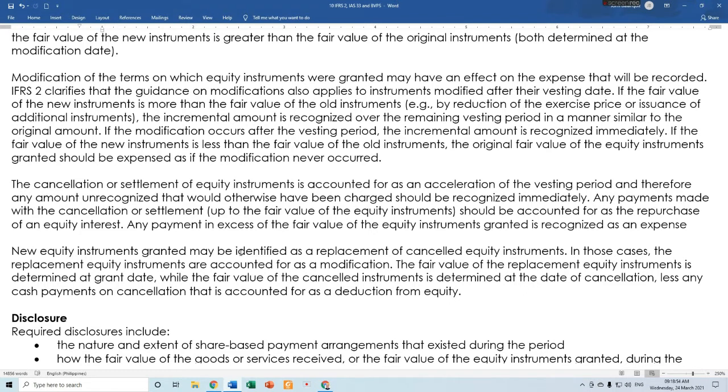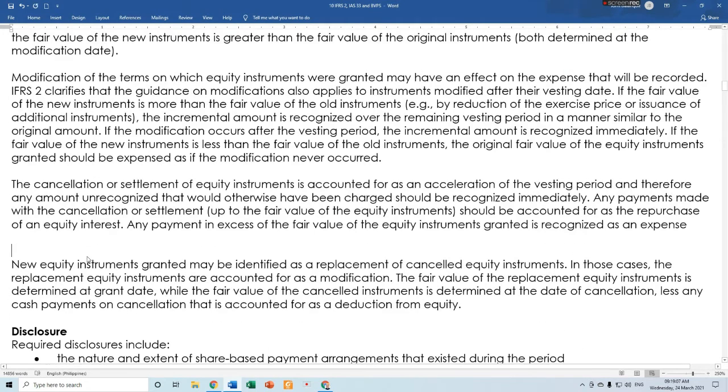Yung difference, okay, most probably kapag may excess, that's going to be recognized as additional expense. Okay, so i-debit mo rin as expense yun. So, in other words, parang ganito yun. Okay, in case magka-cancel ka, debit ka ng share options.